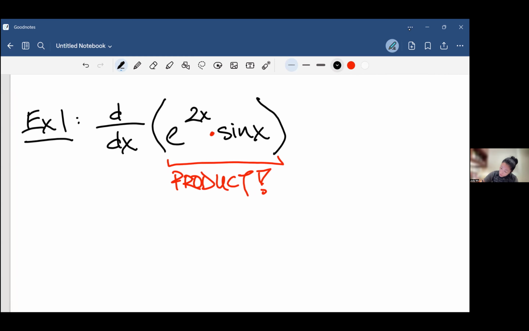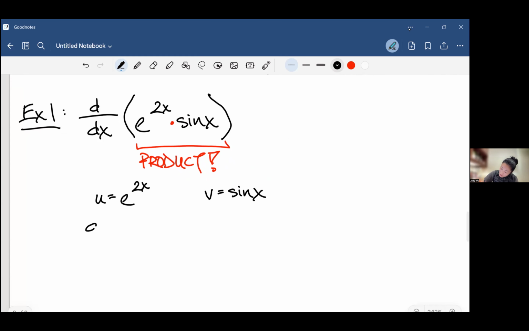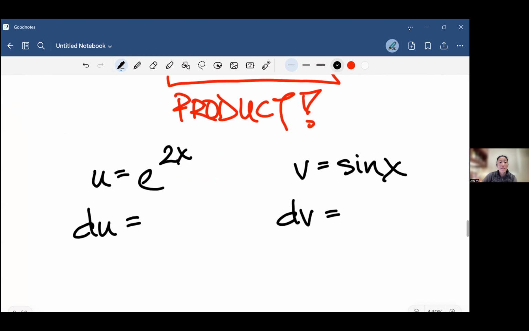So our product rule, we need a u, that's like the first function, and then a v, which is our second function. And then we have to find our derivative of u as well as our derivative of v, okay? Now to find the derivative of e to the 2x, I am actually going to need to use chain rule.